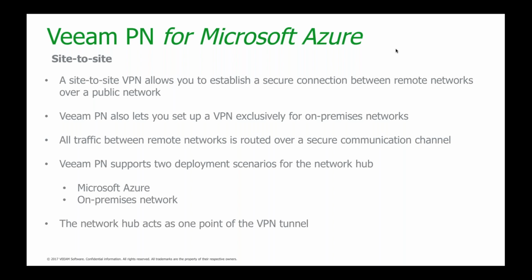Veeam PN supports two deployment scenarios. We talked about Microsoft Azure through the marketplace, but you can also deploy this standalone in an on-premises network and have the same sort of configuration. The network hub acts as one point of the VPN tunnel, and the site gateway or gateways, or the remote networks, make the other points. So that is site to site.